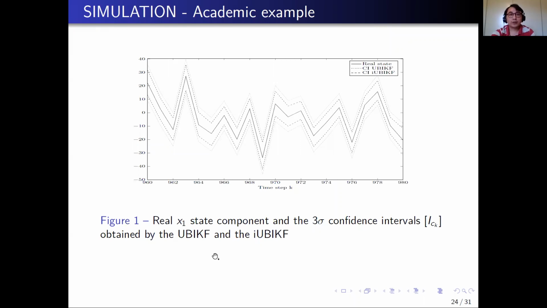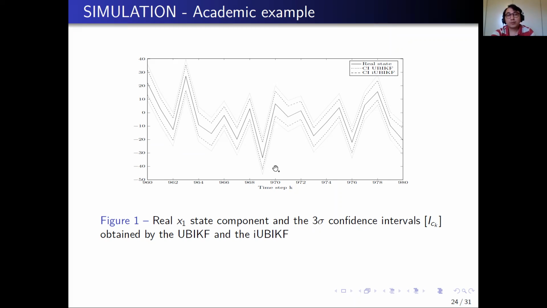The following figure shows the estimation result related to the state x1 with corresponding 3 sigma confidence intervals provided by the two filters. We see that state x1 belongs to the two confidence intervals provided by the two filters.